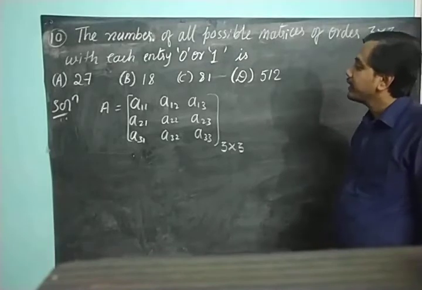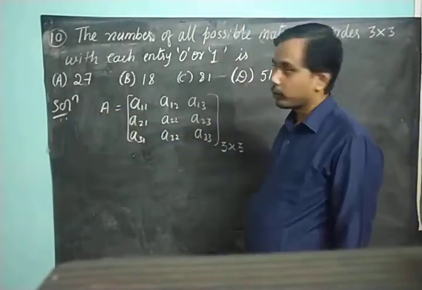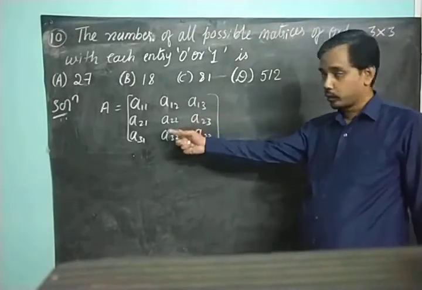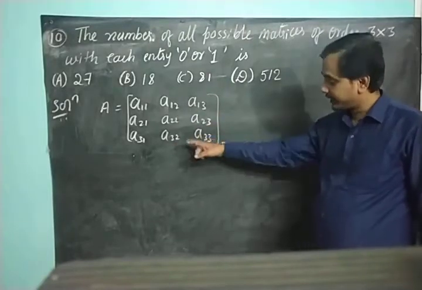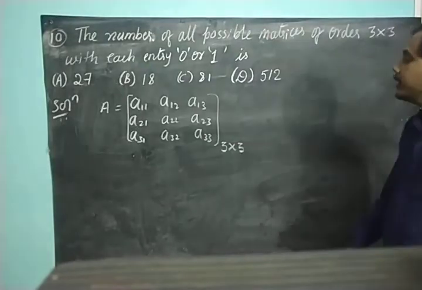That means if you consider any general form of a 3 cross 3 matrix, it will be of the form A11, A12, A13, A21, A22, A23, A31, A32 and A33. This is the general form of any 3 cross 3 matrix.